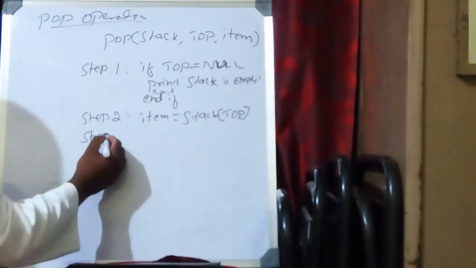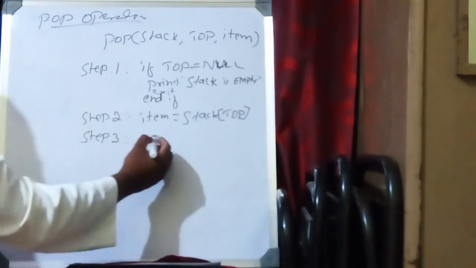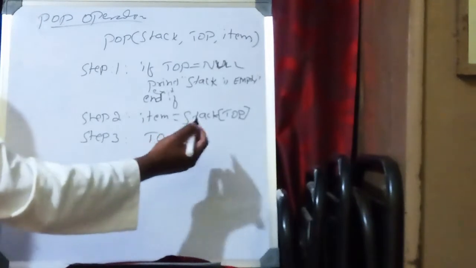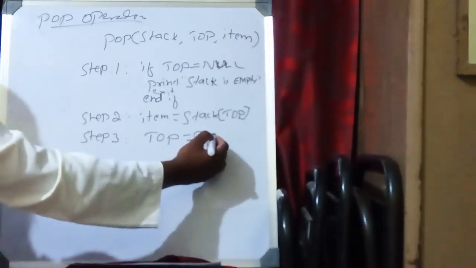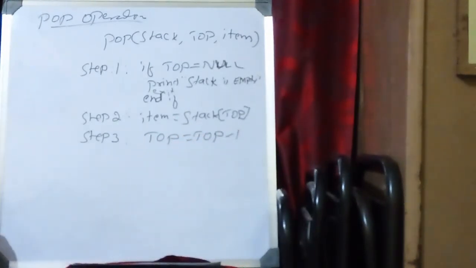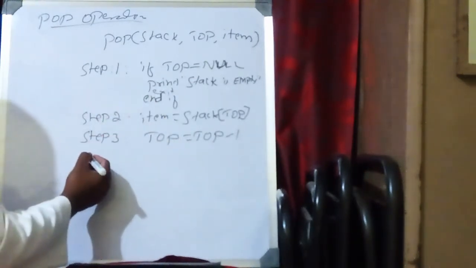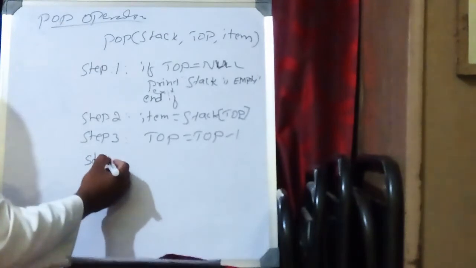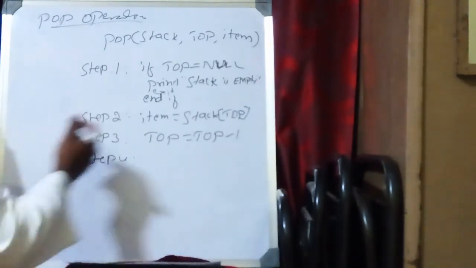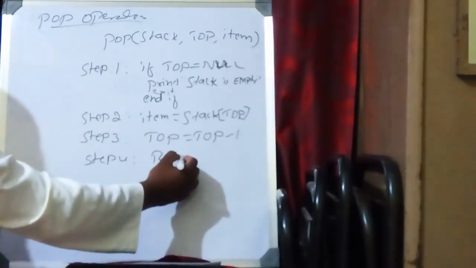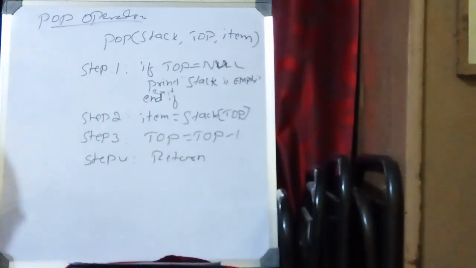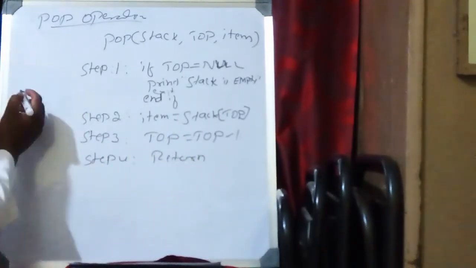Next, we are decrementing the top value. Top is equal to top minus 1. Immediately, when we decrement, the above value will be deleted. Next, step 4, return. This is the algorithm. How it will work, we will see.